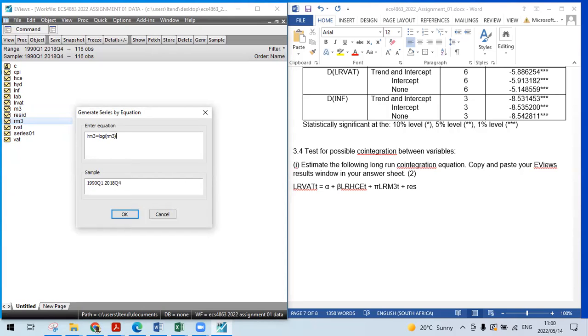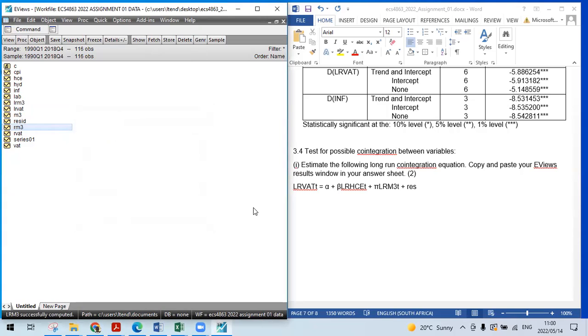Yes, Prof. Okay, I'll click OK. Can I just ask why we don't log it originally, in the beginning, why we make two separate variables? What we are given, the data we have, is nominal. Can you see that? M3 is in nominal terms, but we want it to be in real terms.